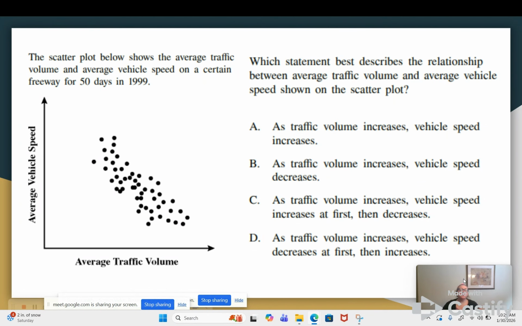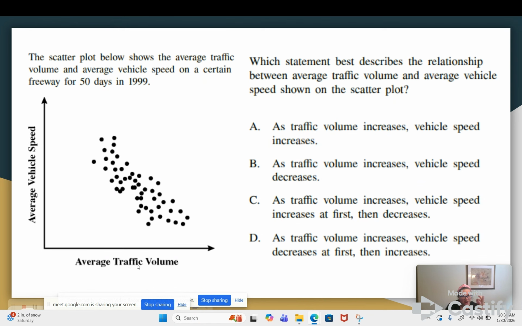So when we look at this, is this scatter plot a positive or a negative correlation? Negative. So it's a negative correlation, which means as the x increases, the y value is decreasing.